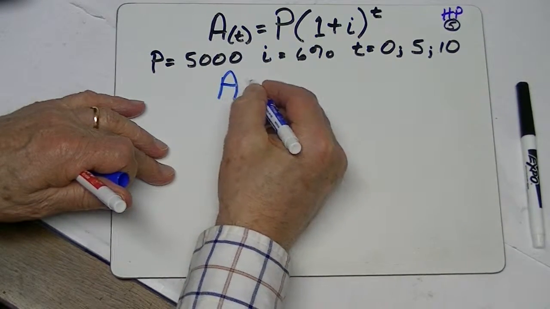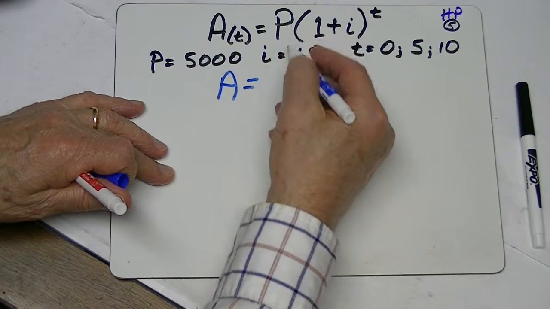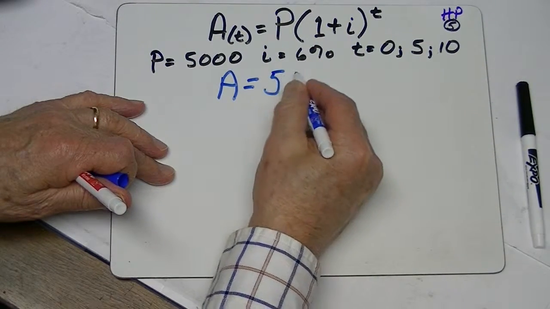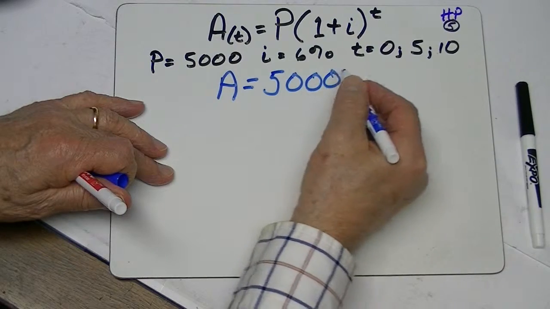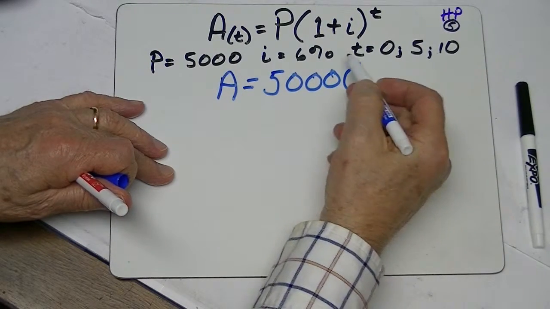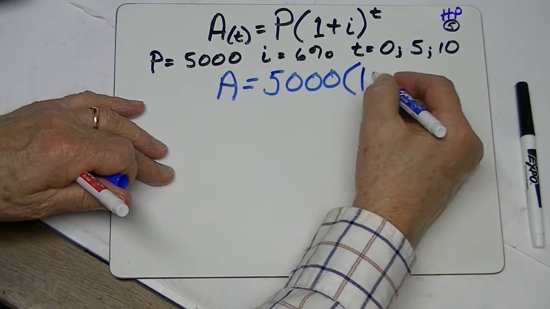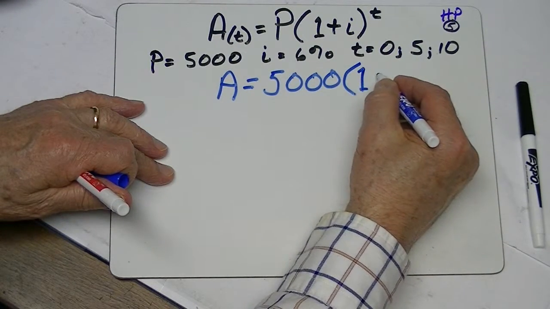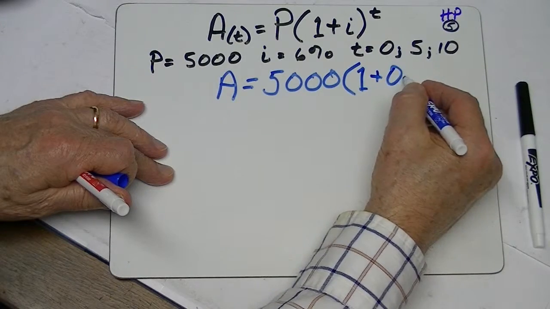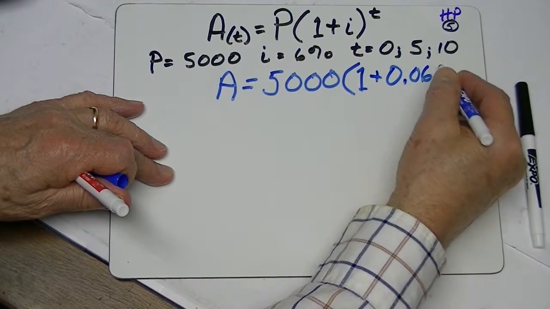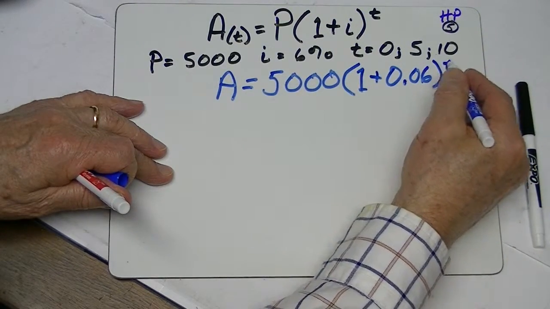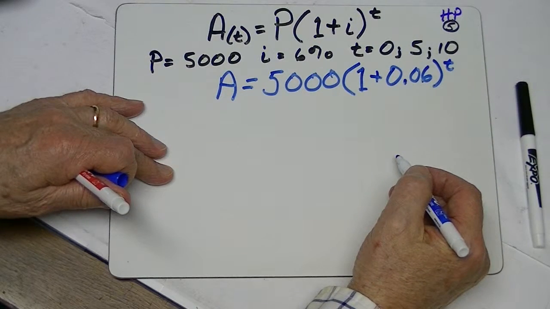We don't know what A will be yet, but we know our principal will be $5,000. And our interest rate is in the formula 1 plus 0.06, and this will be to a t power.